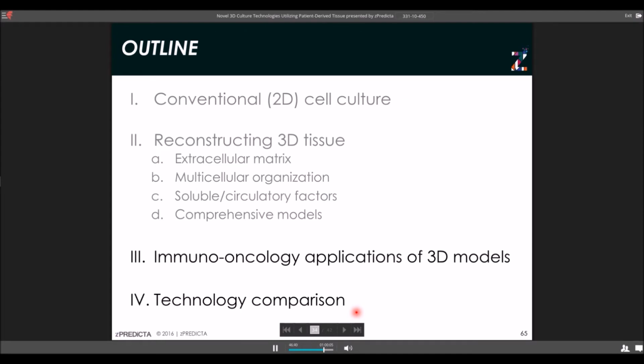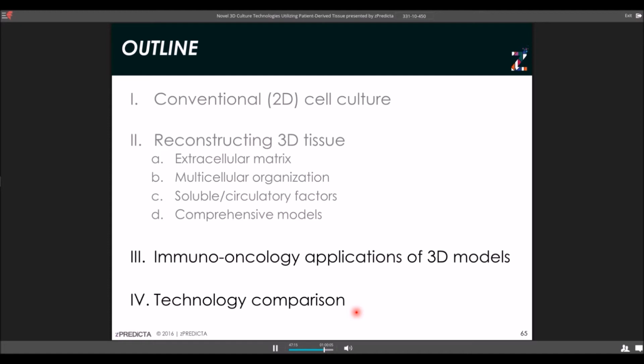So here's really presented a number of different models that can recapitulate various aspects of the environment. And with the advancement of immuno-oncology applications, it is really crucial to use a more comprehensive platform to understand how the immune compounds and CAR T cells or various inhibitors can interact with the environment and have an effect on tumor cells.